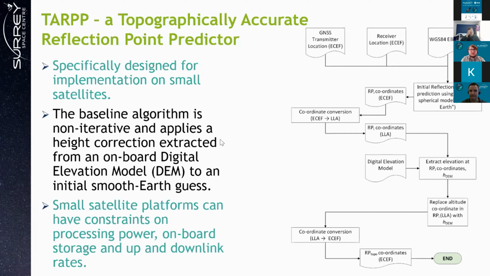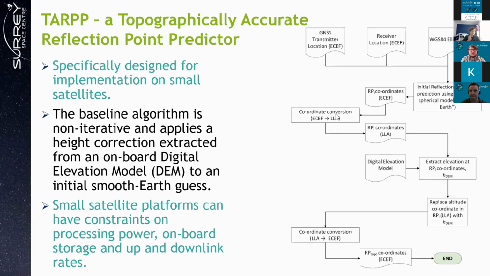And that's because this algorithm uses a digital elevation model on board, and they can be quite hefty. So the way that the algorithm works is that it takes an initial guess. At the moment, it is dependent on the existing method, which is called the quasi-spherical model, which is based on the mathematical ellipsoid. It takes that initial guess and then looks up that location in an onboard digital elevation model.